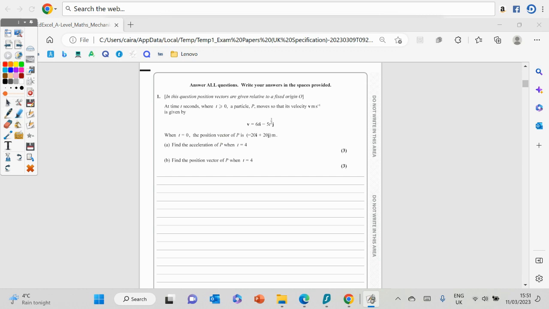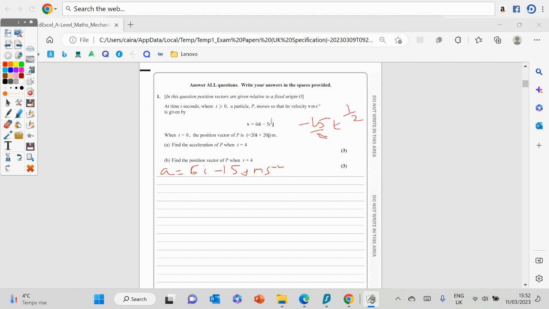If we want to get acceleration and we've got velocity, we just need to differentiate the velocity vector. So the acceleration is going to be, differentiate the 6t, which will give us 6 in the i, and then the minus 5t to the 3 halves would just be minus 15 over 2 t to the half j meters per second squared.